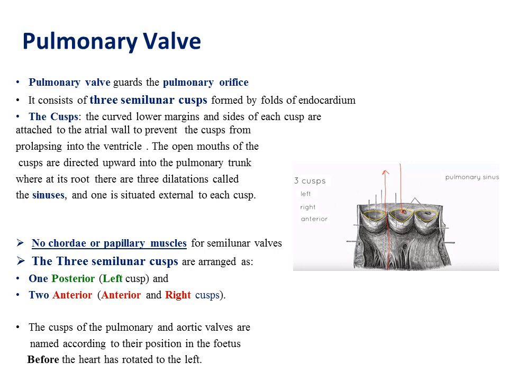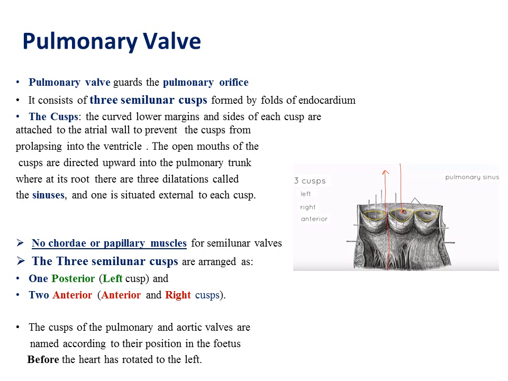Something characteristic and different from the AV valves is that there are no chordae tendineae and no papillary muscles attached to these valves. The three semilunar valves are arranged as one posterior cusp and two anterior cusps, called the anterior and right cusps, during the fetal stage, in the embryonic state of life.